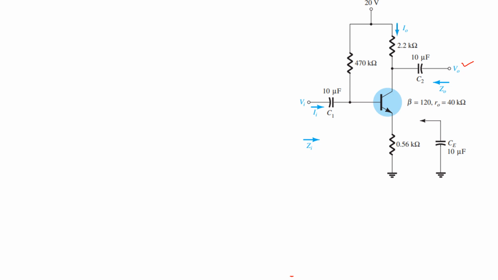So first let us do the A part. If you want to find out the A part, you know that RE is equal to 26 millivolt divided by IE. So if you want to find out the value for IE, you have to proceed with the DC analysis. So what will be your DC analysis of emitter bias configuration?